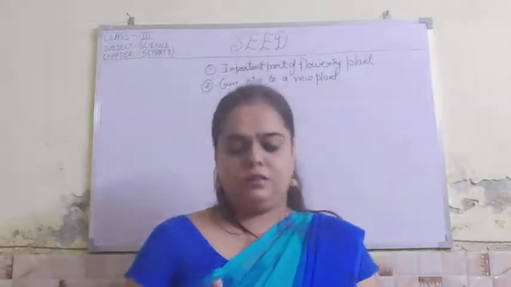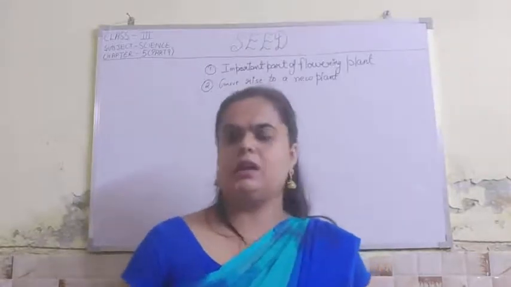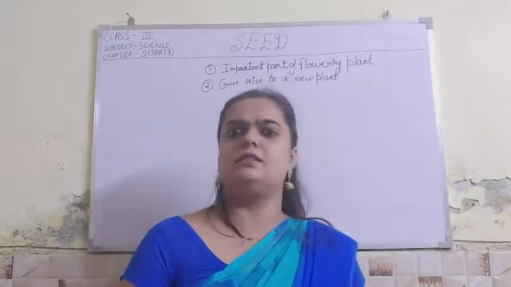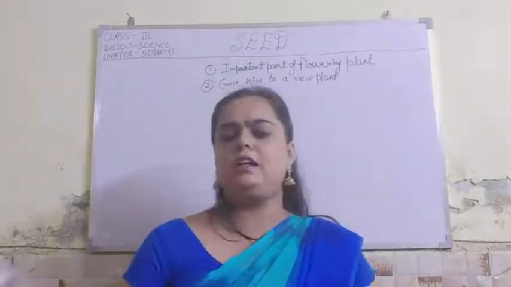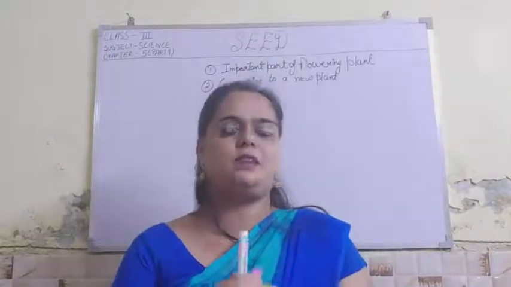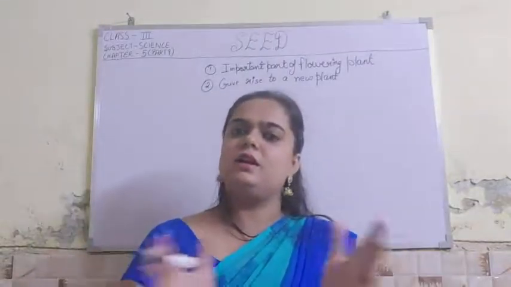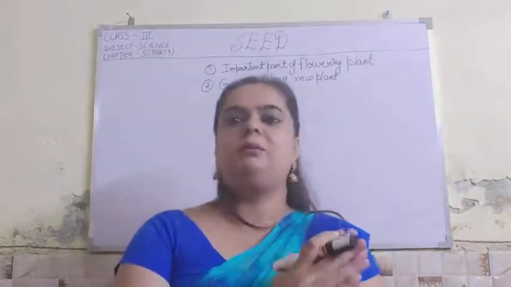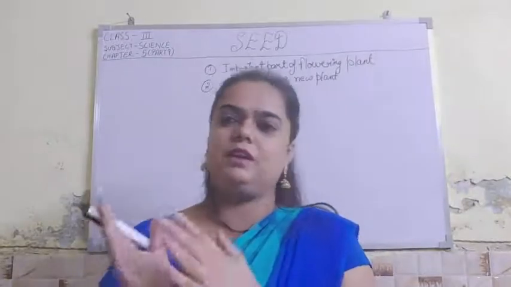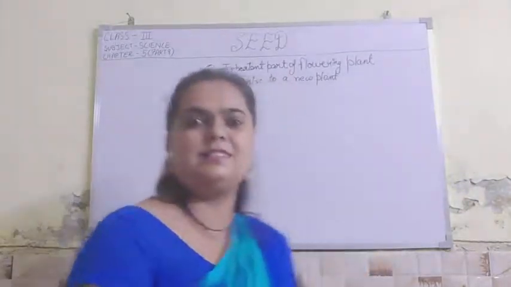Seeds may be different in shapes, colors, and sizes. Children, we have varieties of plants and we have varieties of seeds, right? All the seeds may not be the same. They might have different shapes, different colors, different sizes.